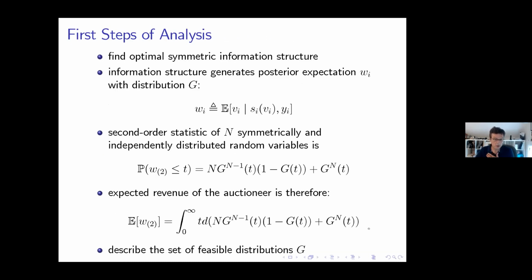And what we're trying to do is to maximize this expectation. The two problems we are facing: of course we need to find a good description of the set of feasible distributions relative to the given distribution F.